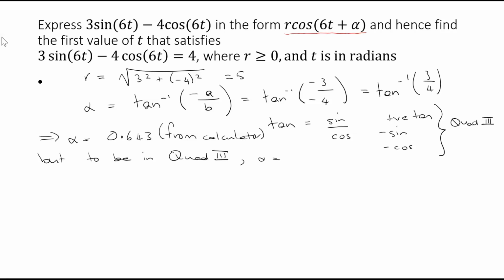it needs to be pi, I was going to say 180, it needs to be pi plus that. So it was here, but it actually needs to be in this one here. This is the correct one. And we can work that out, that's 3.78.